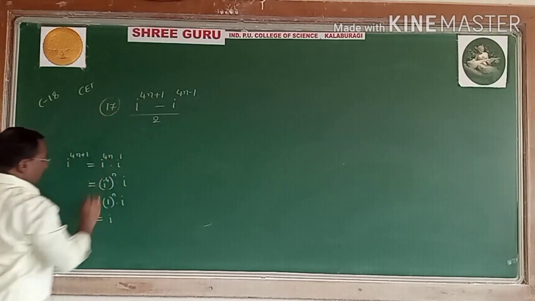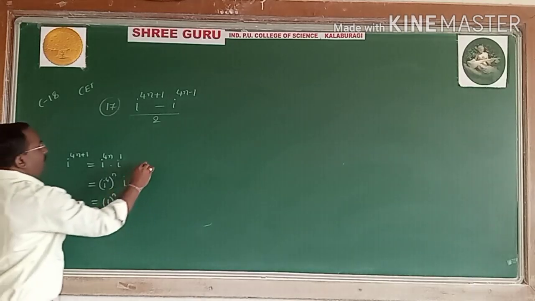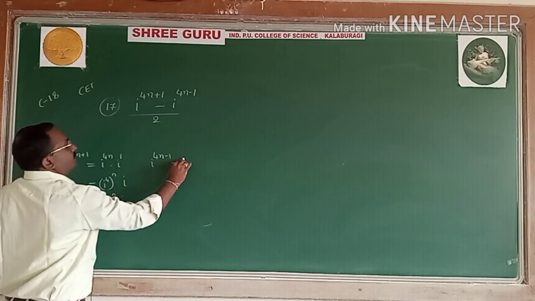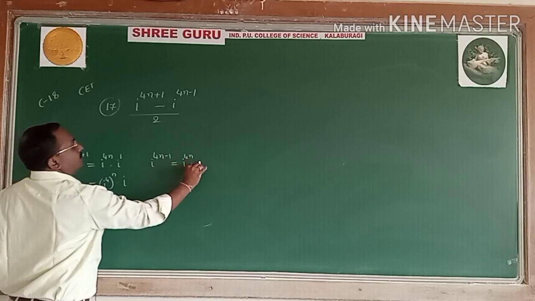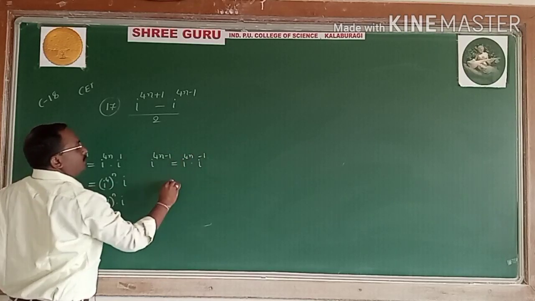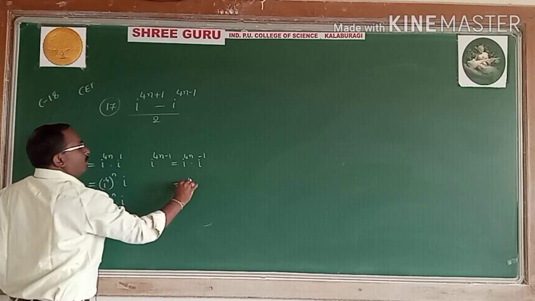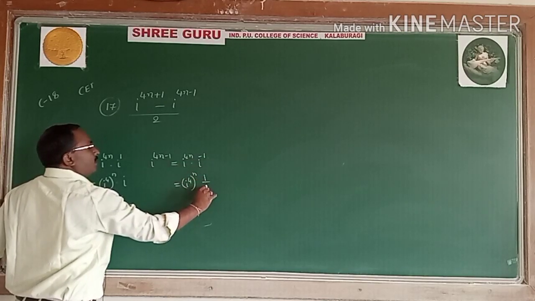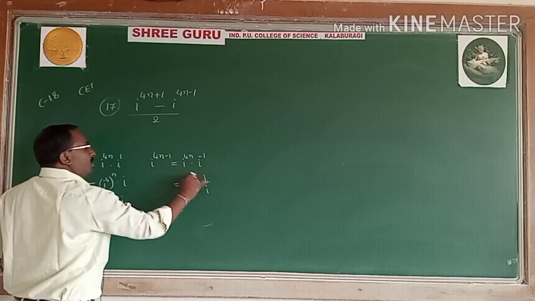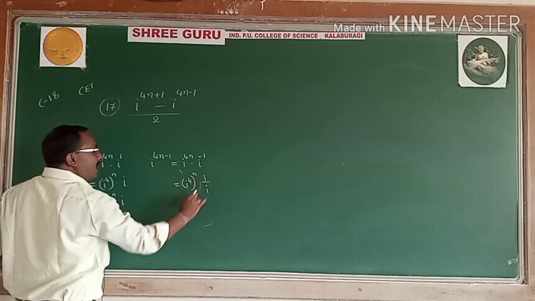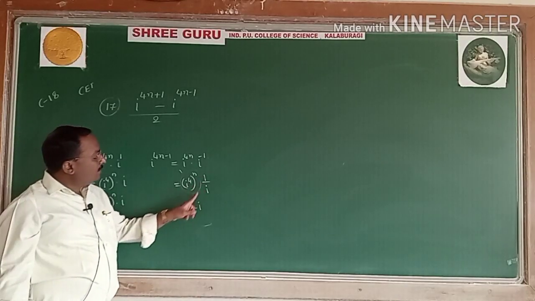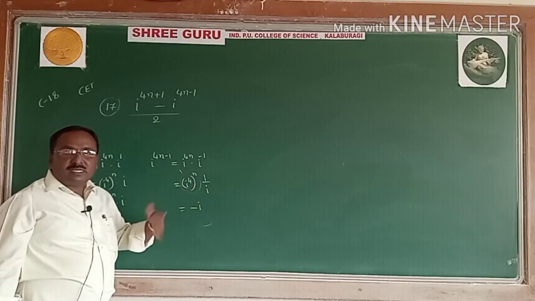Here again, in the same form, i power 4n minus 1 can be written with the powers separated, that is i power 4 whole to the power n into i power minus 1. Here i power minus 1 can be written as 1 by i. i power 4 is always 1, and 1 to the power n is 1. 1 by i is minus i. Note, 1 by plus i is minus i, and 1 by minus i is plus i.